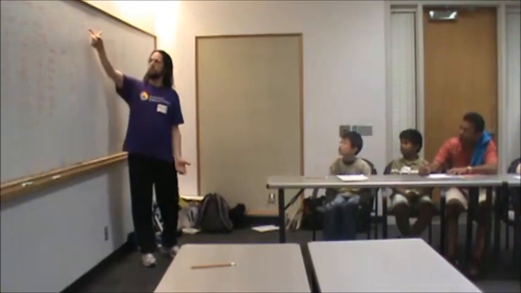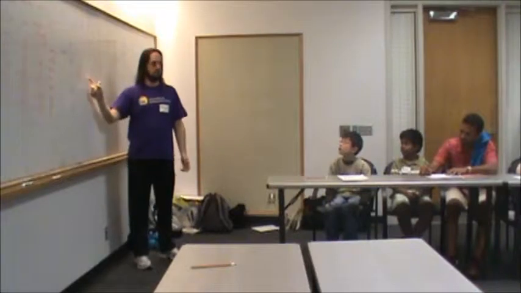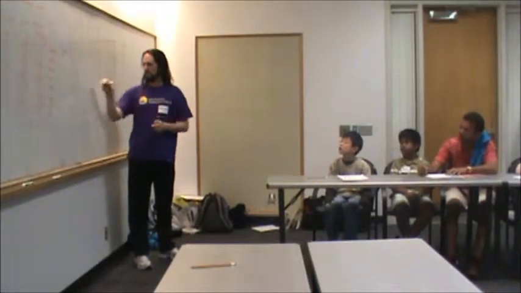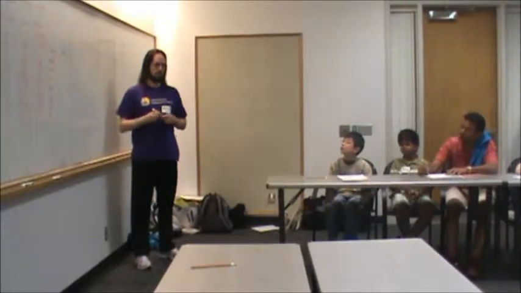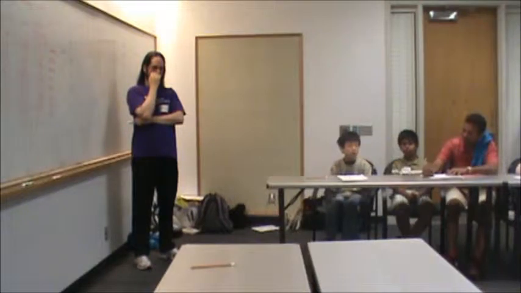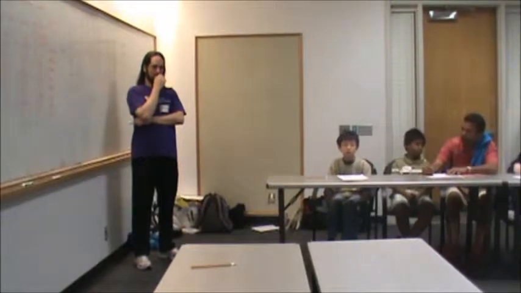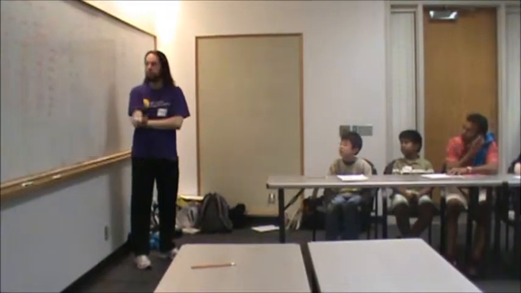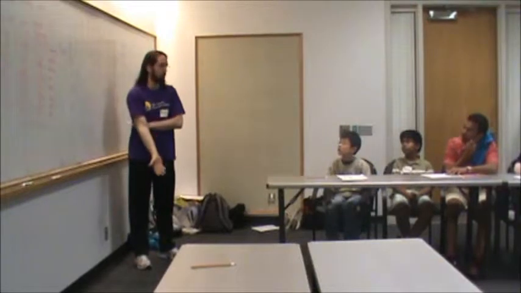How many ways are there if I start with 3 to make 4? 1. How come 1? You do 3 plus 1. If I start with 3, I need a total of 4.